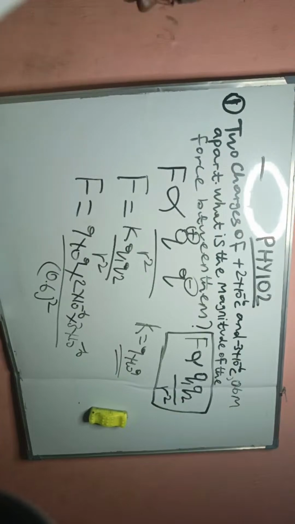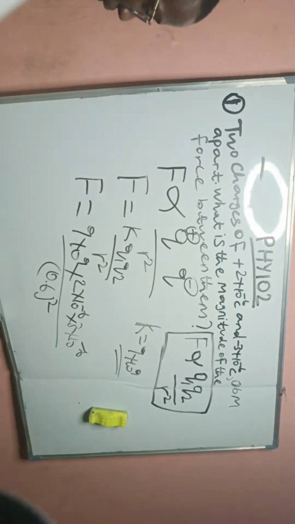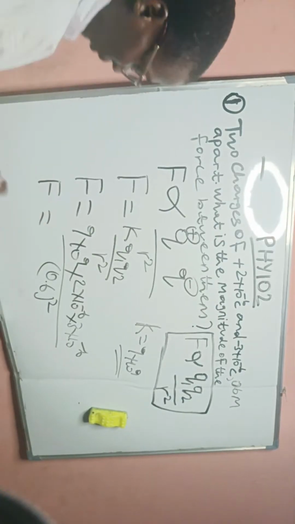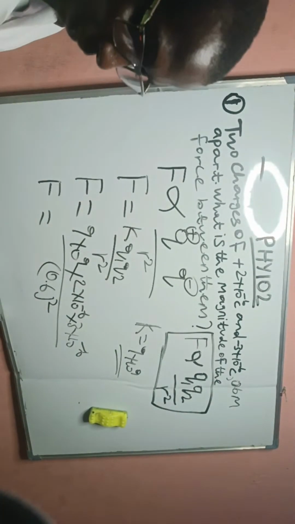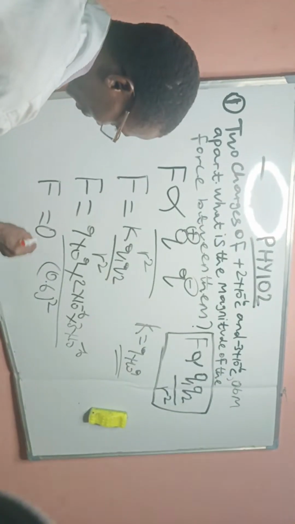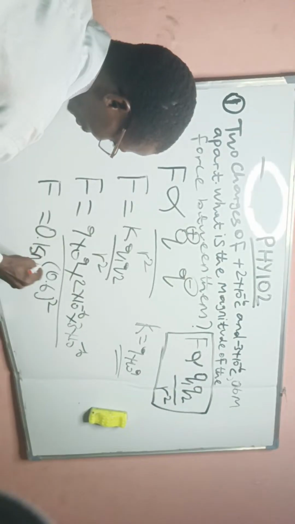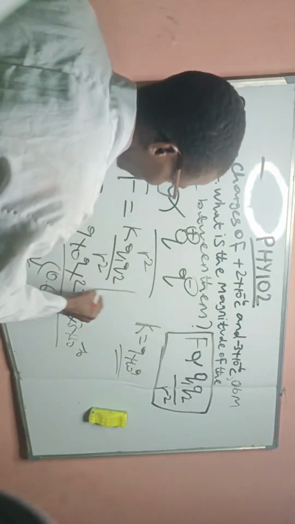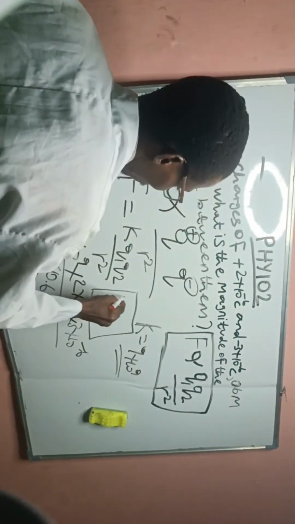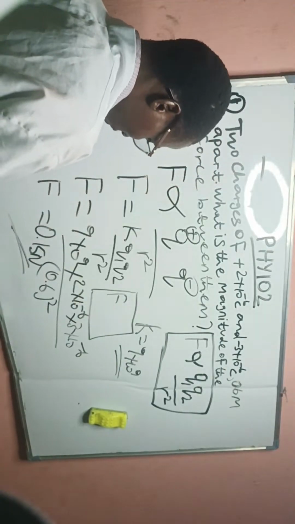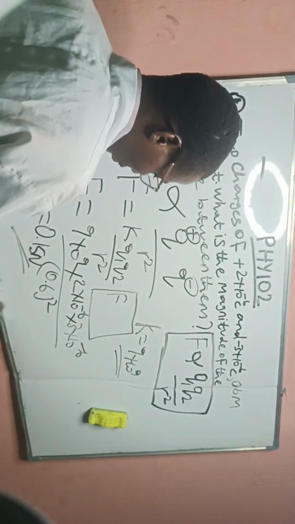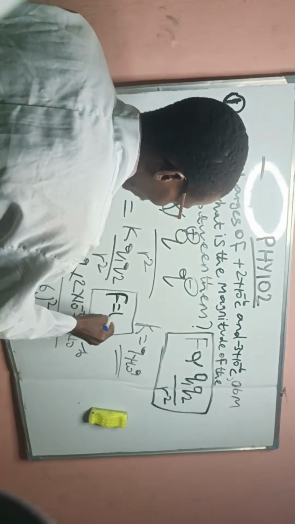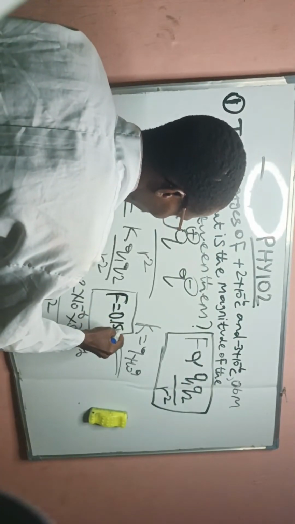You are going to have your final answer as F equals, please check your calculator well, that should give us 0.15 Newton approximately. Let me write it here. F equals 0.15 Newton.